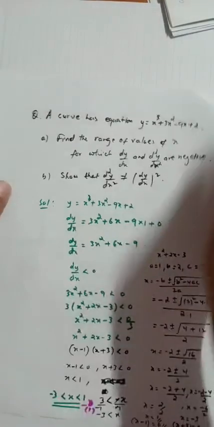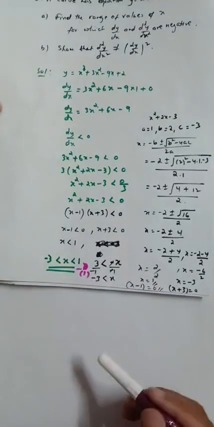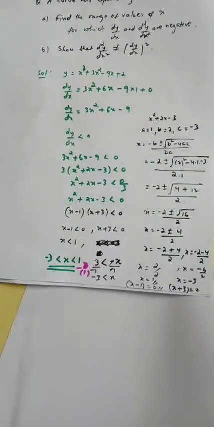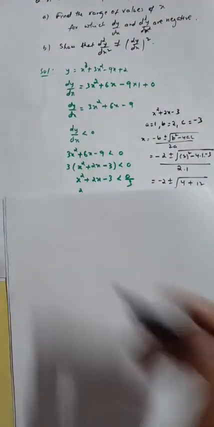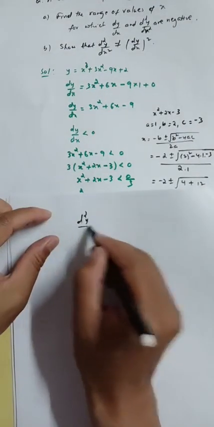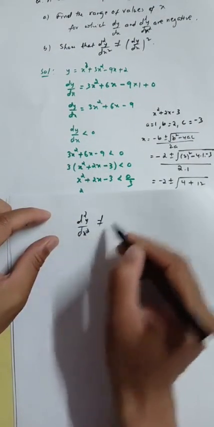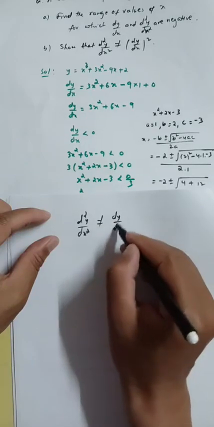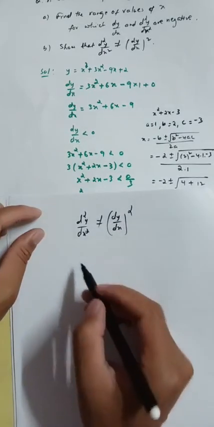So now, in the second part, the question is: show that d2y by dx square is not equal to dy over dx whole square. So let us do the proof.